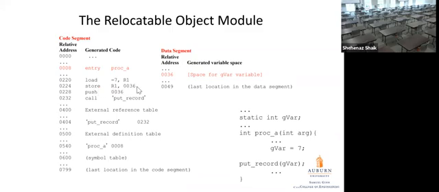Here we are trying to access the gvar, the memory location where we are storing the value for this variable. If you see here, the corresponding address where the value for this variable is stored is 0036, and that is exactly where we are storing the value number 7 in this particular instruction.